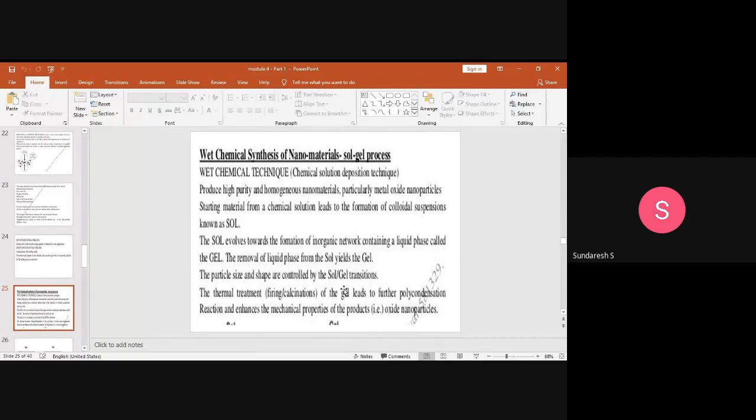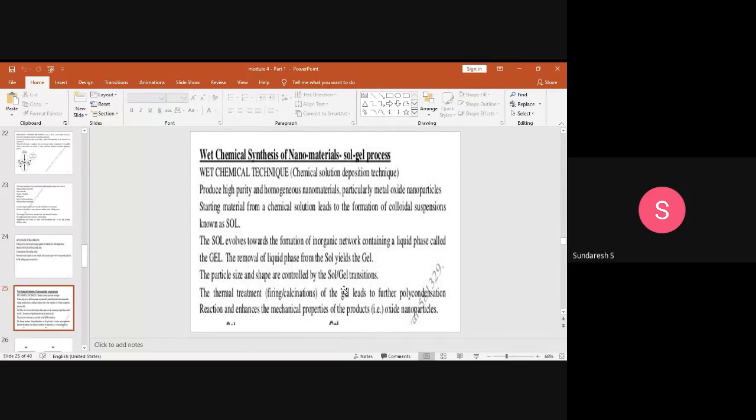During this sol gel process, we have an opportunity to control the particle size as well as the shape. The thermal treatment of the gel leads to further polycondensation reaction and hence enhances the mechanical properties of the products, which are oxide nanoparticles.